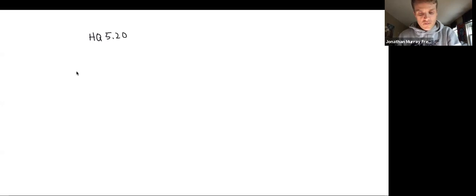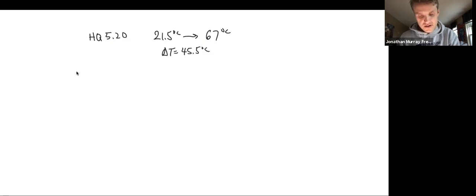So we go from 21.5 degrees all the way up to 67 degrees Celsius. So this one's a positive change in energy, right? And our delta T for this is 45.5 degrees Celsius.